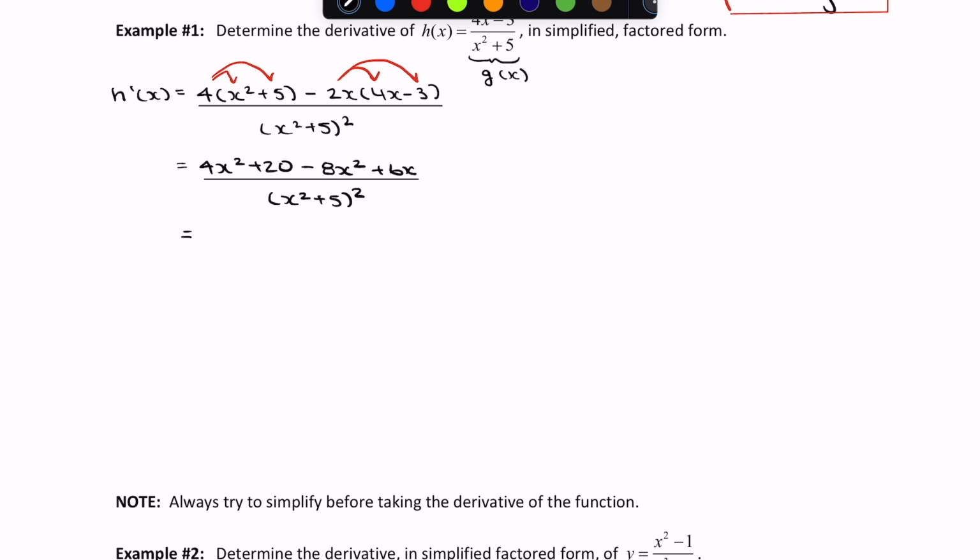If we collect our like terms, this simplifies to negative 4x squared plus 6x plus 20, divided by x squared plus 5 squared.